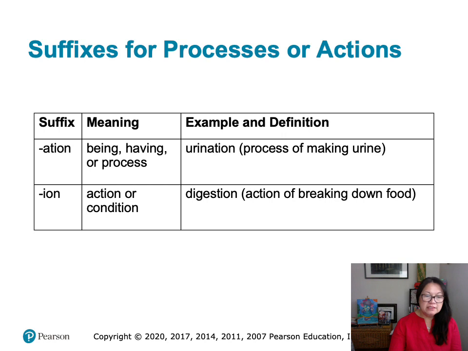Other medical words that use this same suffix include respiration, inhalation, infiltration, and so on. The suffix -ion means action or condition. It too fits with many combining forms, including digest-o to make the word digestion, which means action of breaking down food.